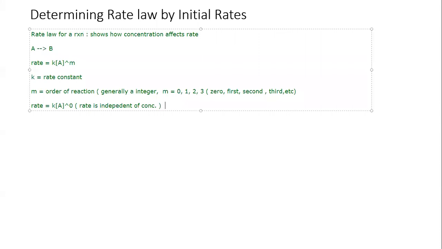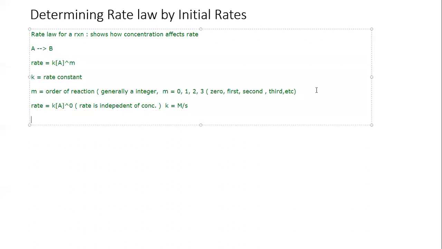And so here the rate constant is in the units, typically molarity per second, because the units of the rate constant have to equal the units of the rate. So that's if it's a zero order reaction. So if you double the concentration of A, the rate is going to be the same. So it doesn't change with increasing concentration.